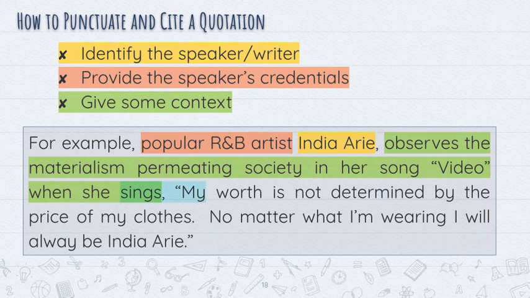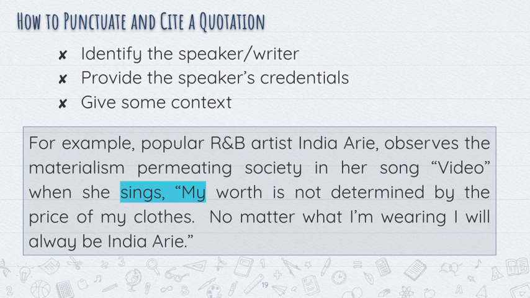All right, now we can turn our attention to the punctuation here. After your verb, it'll be like writes, says, said, or in this case, sings. You put a comma, space, and then your first quotation marks.